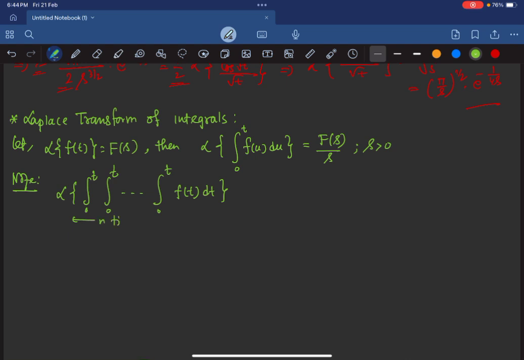If you have this, so this is n times integral, it is given by F(s) by s power n. Next formula is differentiation of transforms, that is basically multiplication by t.